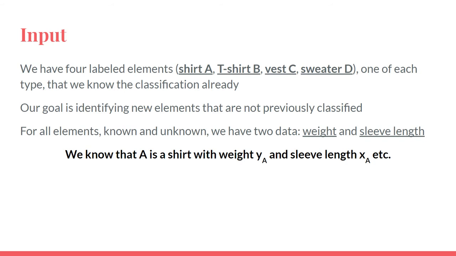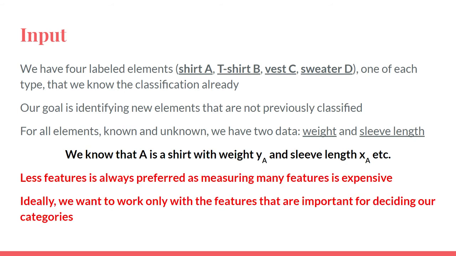So we know that A has weight y sub A and sleeve length x sub A. Thus, we have 2 features: weight and sleeve length. Having limited features makes sense, as we do not want to measure and test all possible features of each element. That would be too expensive.